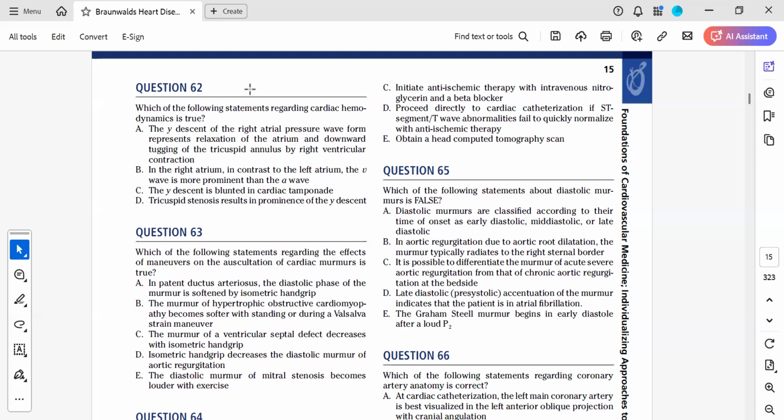But for the left atrium, the V wave is higher because it has high filling pressure. In a non-pathological state, it has a higher filling pressure than the right side. So that is why the V wave is higher than the A wave. Okay, thank you so much, sir. Yes, sir. Thank you.